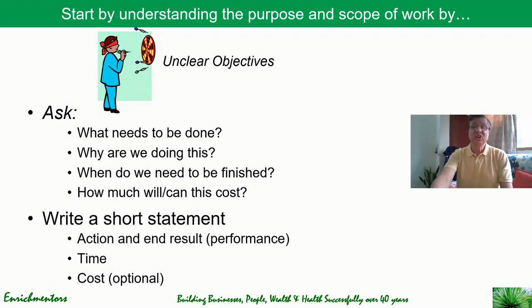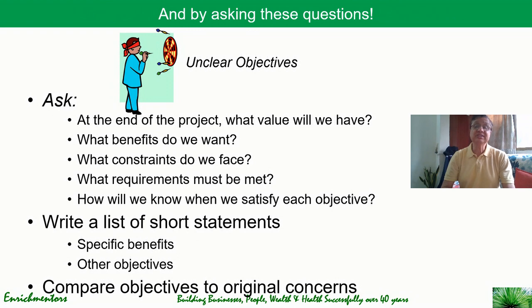Clear? Right. The second thing is that you need to ask more questions. At the end of the project, what value will we have? What is it that you or your customers would get out of completing the project? Because you can complete the project or work, but unless it becomes part of the value realization of yourself or the customers, it would not serve the purpose.